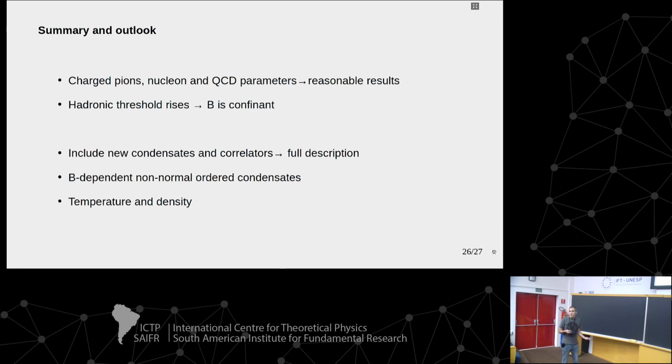I think these are reasonable results. B is confining. Now that there's S0 in all the channels, S0 increases. So this is a sign of confinement. And well, we can do a lot of things here. Obrigado.